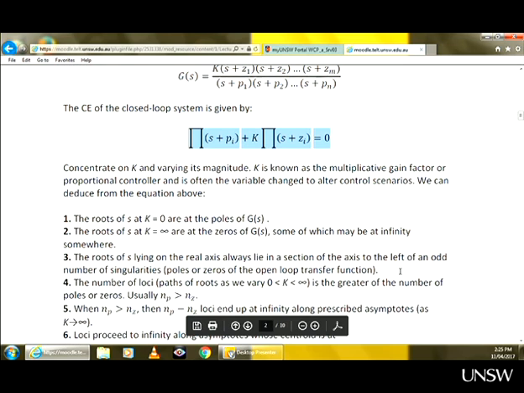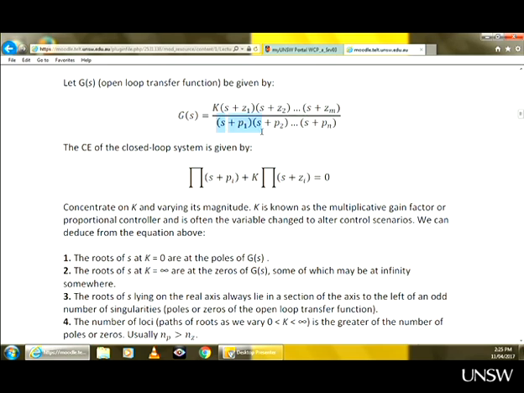Okay. So here are some roots. If k equals 0, the whole part here is 0. Then you're actually solving this characteristic equation, which is effectively the same as the characteristic equation of the open loop system.